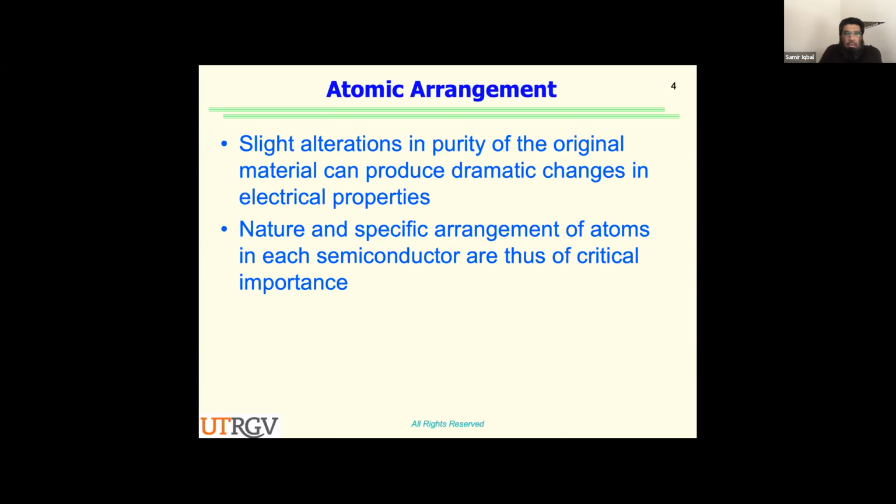Now when you talk about atomic arrangement, think about carbon. Carbon comes in many forms. Can you give me an example of how carbon comes in nature? Like elemental carbon, just carbon. Graphite, right? Graphite is in our pencil, a cheap material, the pencil tip.